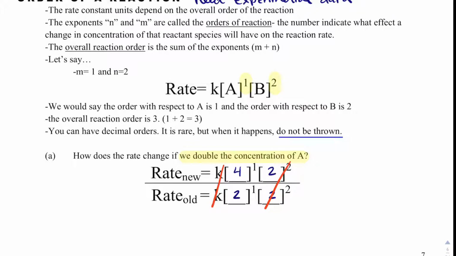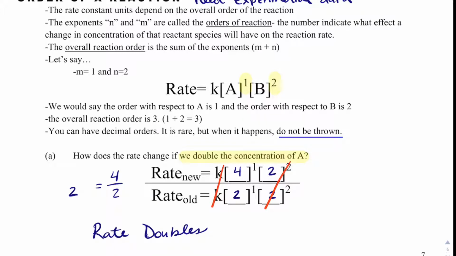So my rate will be 4 divided by 2, which is equal to 2, so my rate has doubled. My rate doubles in this case.